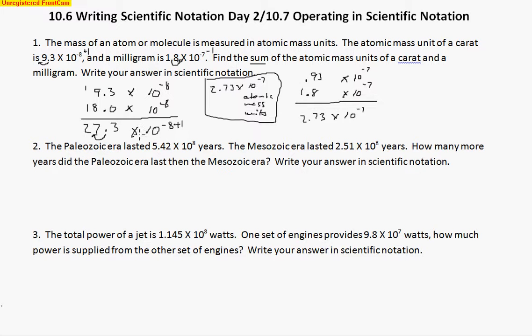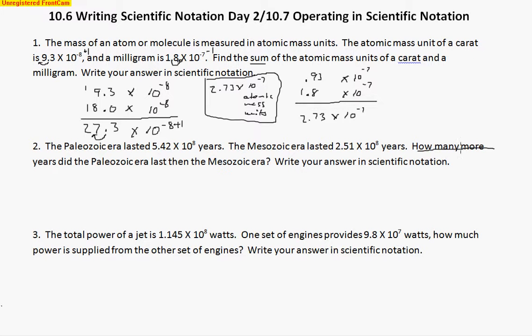So it says that this Paleozoic era lasted 5.42 times 10 to the 8 years, and Mesozoic era lasted this many years. How many more years did this era last than the Mesozoic era? And so we're supposed to write the answer in scientific notation.